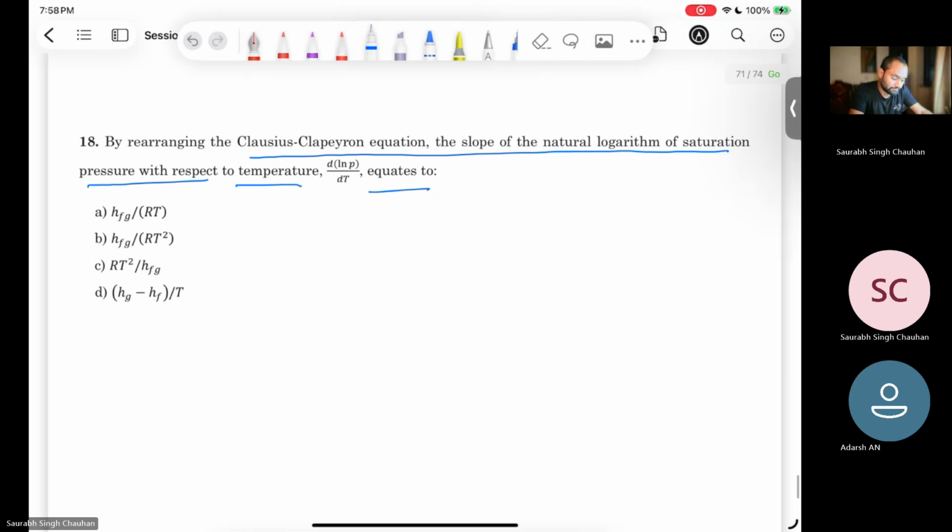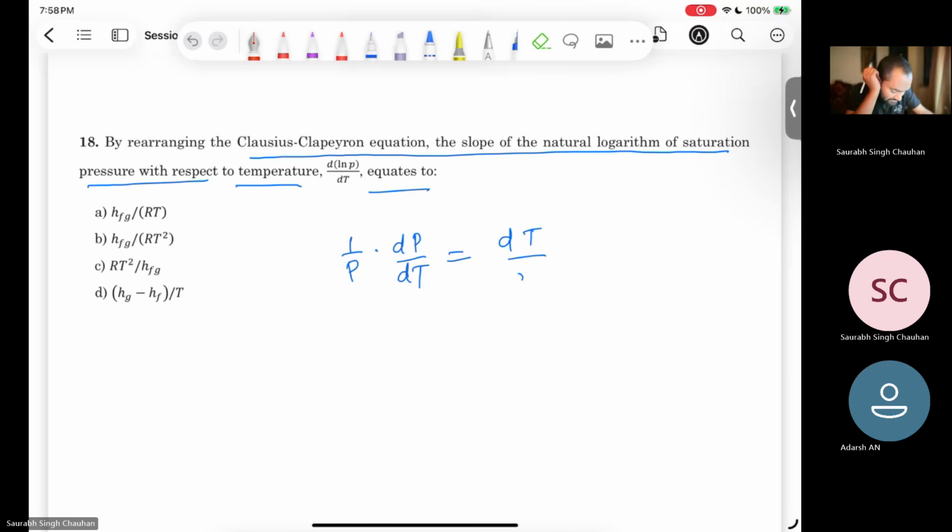Here 1 by P, dP by dT can be written as d by dT of ln P. Sir, I'm saying 1 by P into dP by dT can be written as d by dT of ln P.